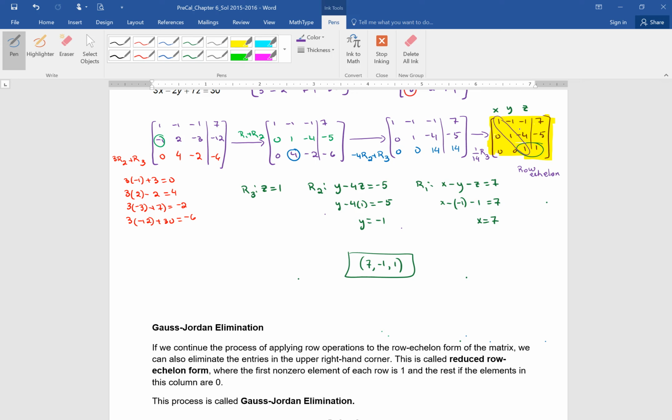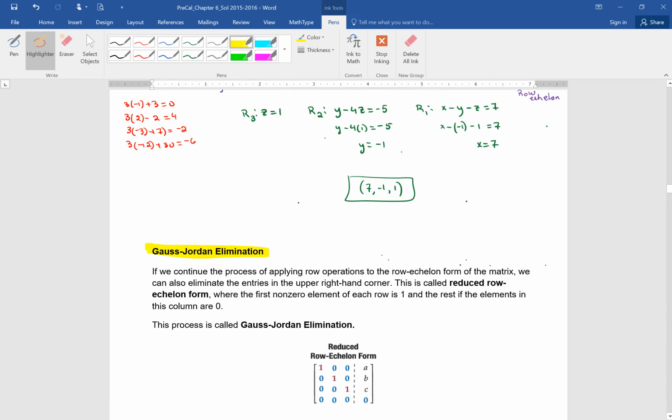When you do that, that process is called Gauss-Jordan elimination, named for 2 mathematicians, Gauss and Jordan. And now, instead of row echelon, we get what is called reduced row echelon form. The first non-zero element is a 1, and the rest are zeros.